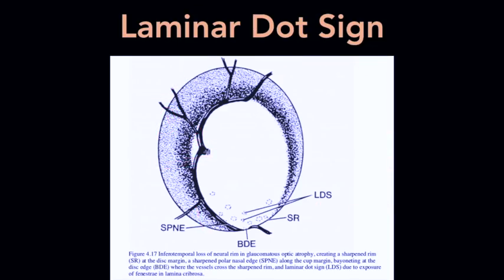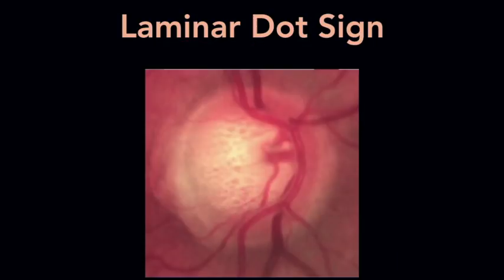Okay. So when there is a recession of the neuroretinal rim, when the neuroretinal rim gets lost and disappears, that exposes the lamina cribrosa pores, which you can easily see in the optic cup region. That is called the laminar dot sign. As you can see again, this picture shows the multiple small dots. This is the laminar dot sign.